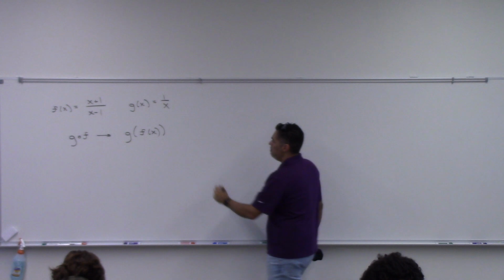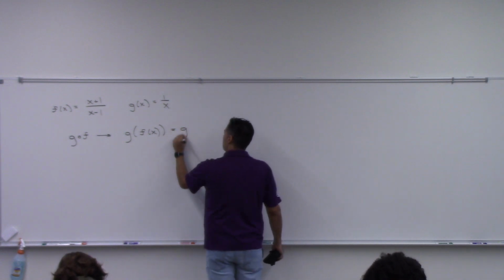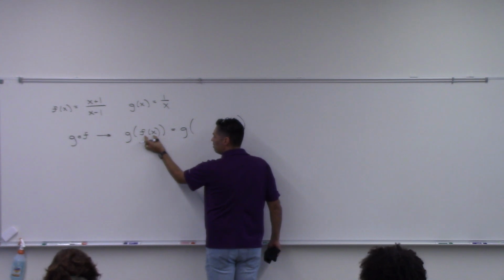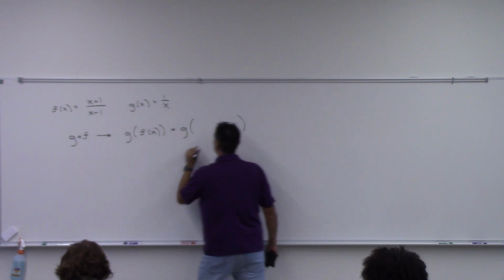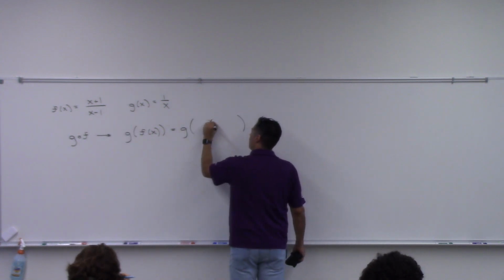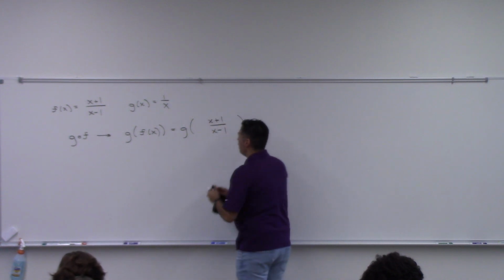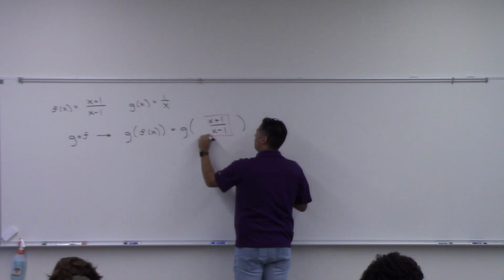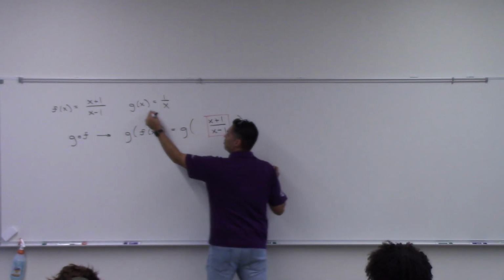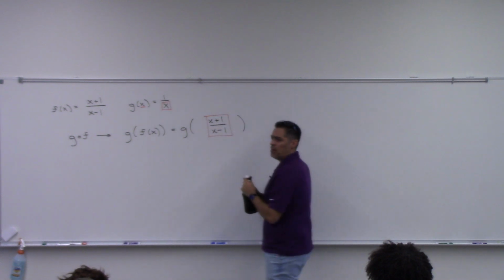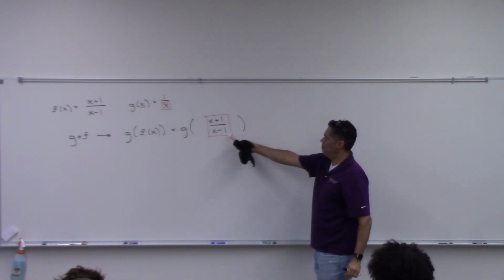So now I leave the g alone, but instead of plugging in this symbol, I replace it with f of x. And now I'm going to take this and plug it into g. So that x right there gets replaced with this thing.